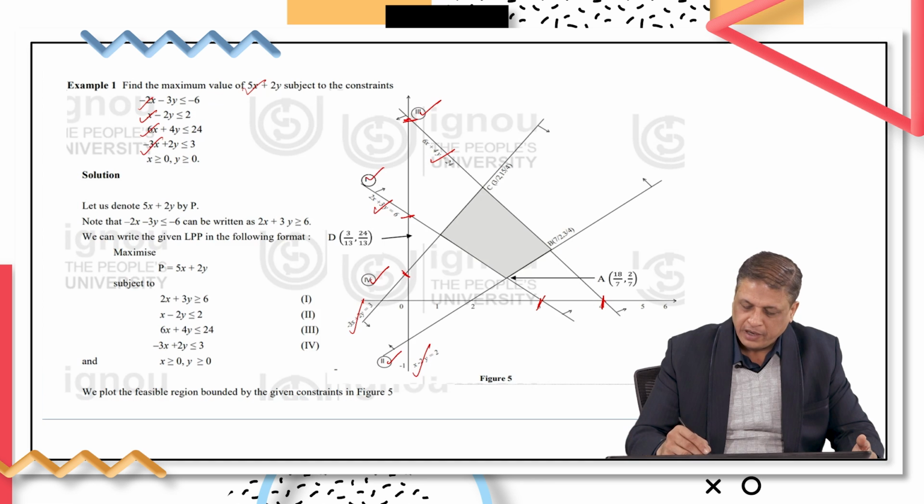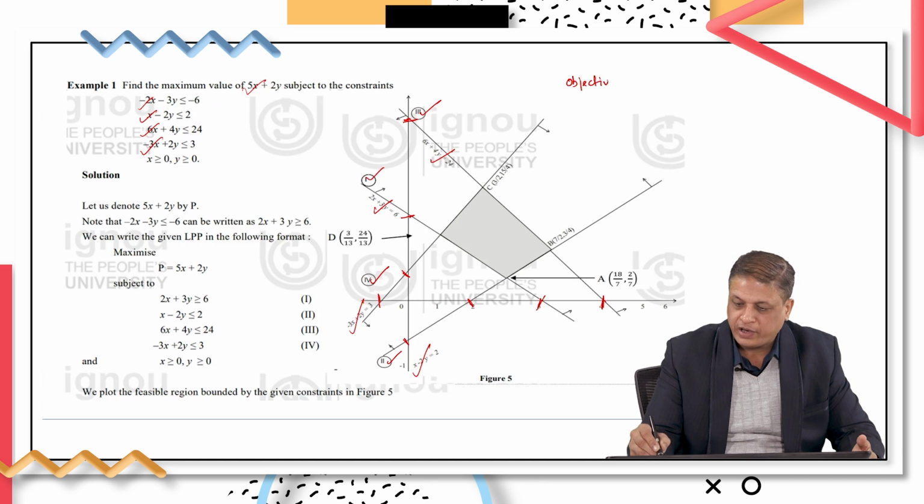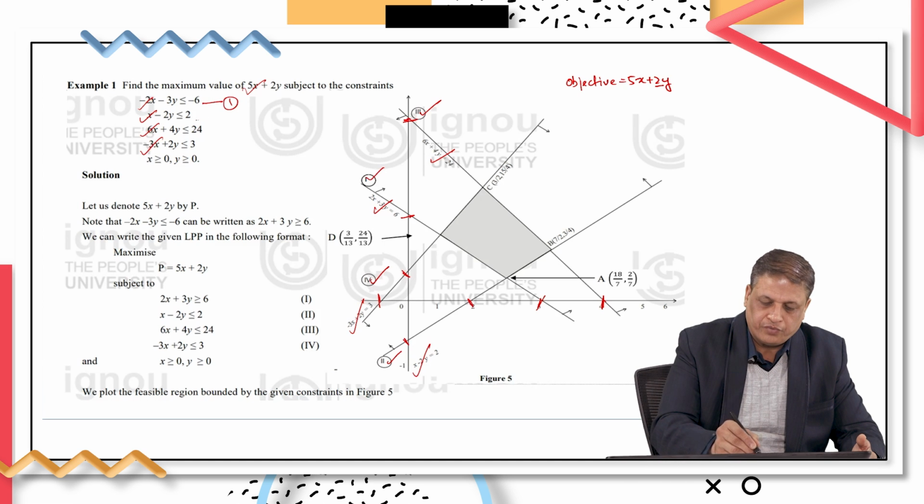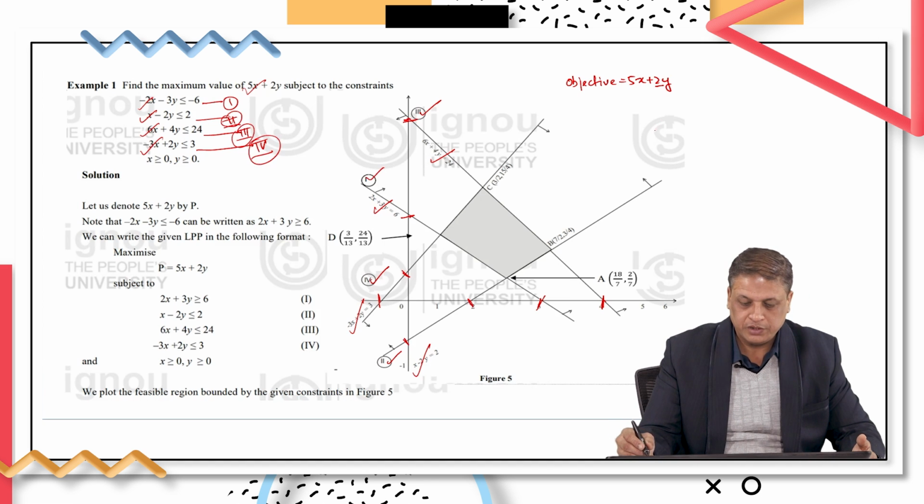So, the objective function is 5x plus 2y. We need to maximize it, and the constraints are this is 1, this is 2, this is 3 and this is 4. So, 4 equations are given to us.